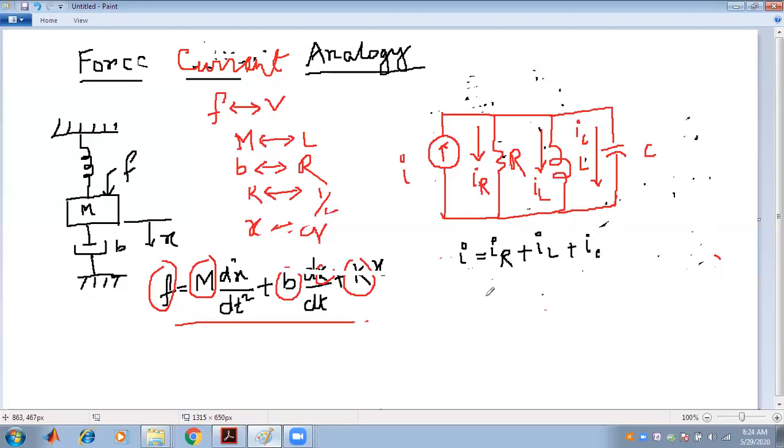IR can be written as V by R, say there is a voltage source V. Plus IL can be written as 1 by L integration of V dt.